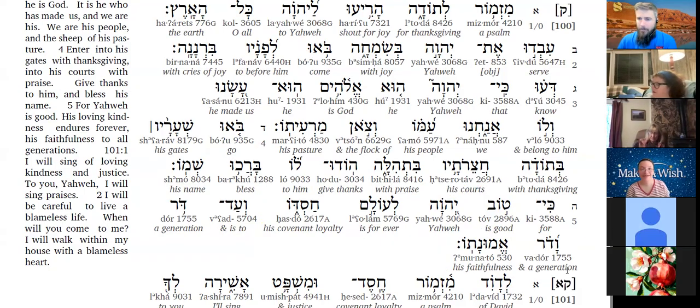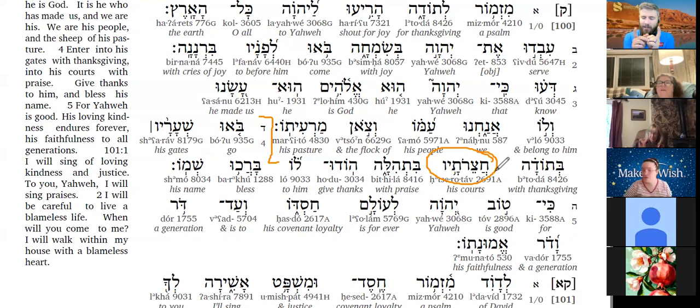Can I just ask a question from the previous verse? Of course. Verse 4. The courts. That was in the construct form, wasn't it? It's a suffixed form, if that's what you're asking. It's got a suffix on the end. Yes. It's a suffix construct, but it's in the courts of him. Correct.